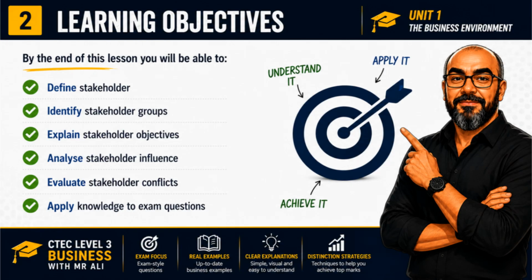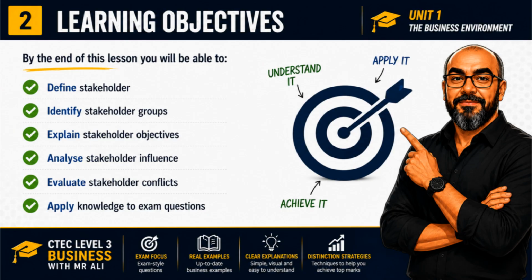So what are our learning objectives today? By the end of this lesson, you should be able to define what a stakeholder is, identify stakeholder groups, explain stakeholder objectives, analyze stakeholder influence, evaluate stakeholder conflicts, and apply the knowledge you've gained or revised to exam questions.